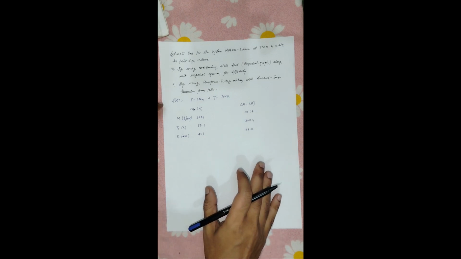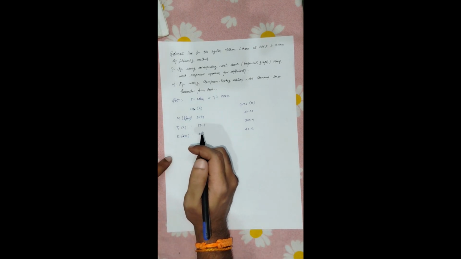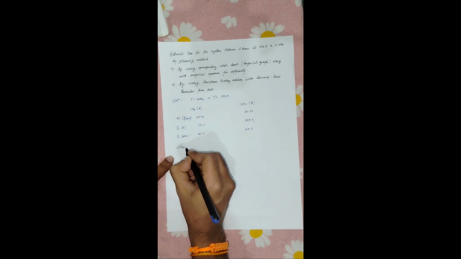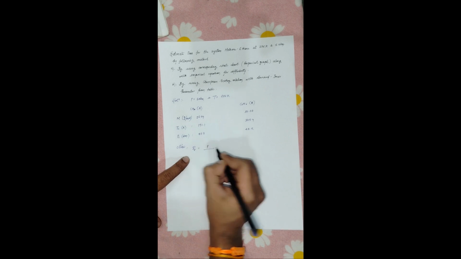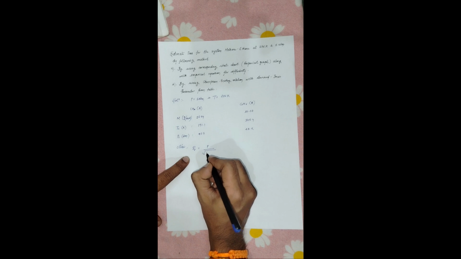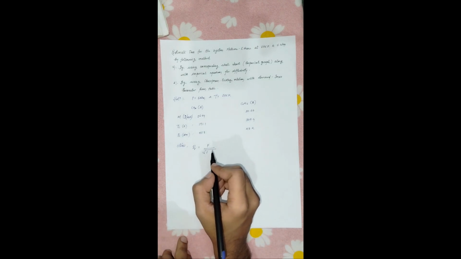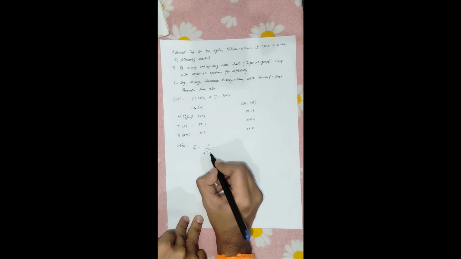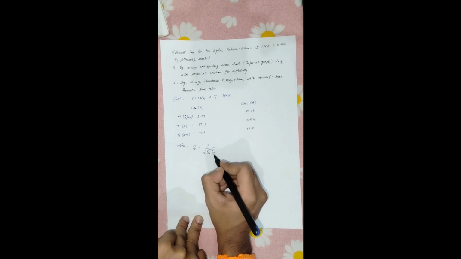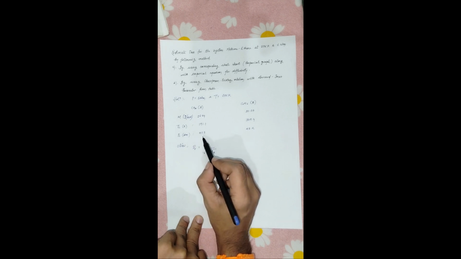Now we have to calculate reduced pressure. We all know the formula for reduced pressure: P divided by the square root of PcA times PcB, the critical pressures of A and B, which we have already written here.